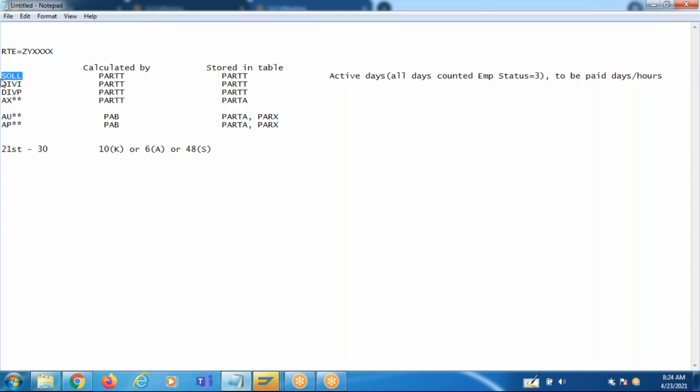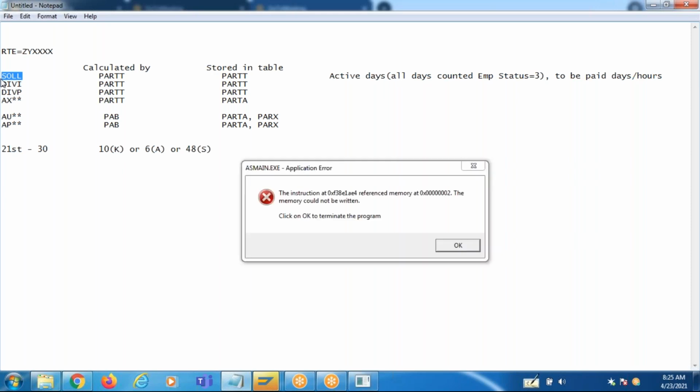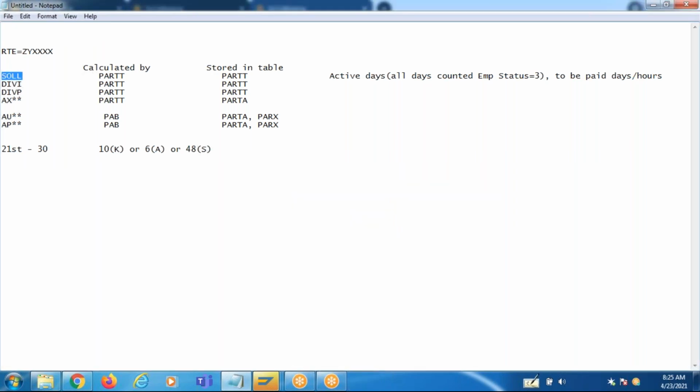Don't bother whether the employee has taken paid or unpaid leave. If it is calendar days, every day is counted. If it is working days, only the working days are counted.